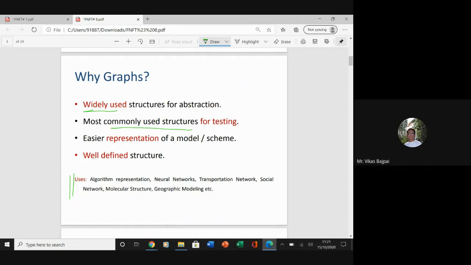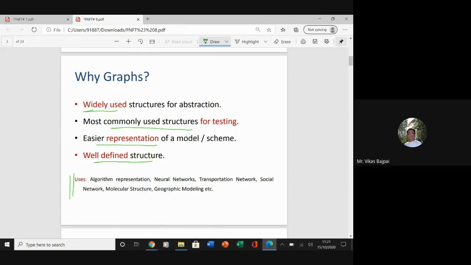It is a very easy representation of a model or scheme, and since we know that it has very few things, it comes with a very well-defined structure.